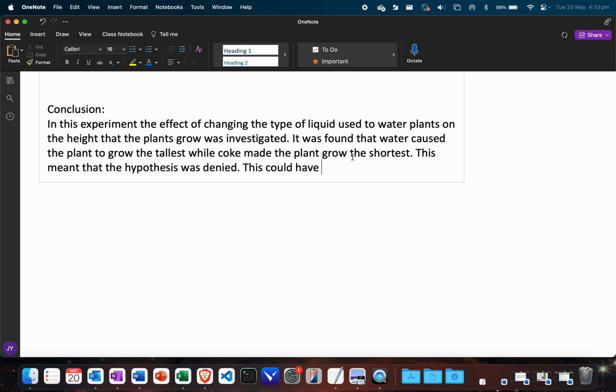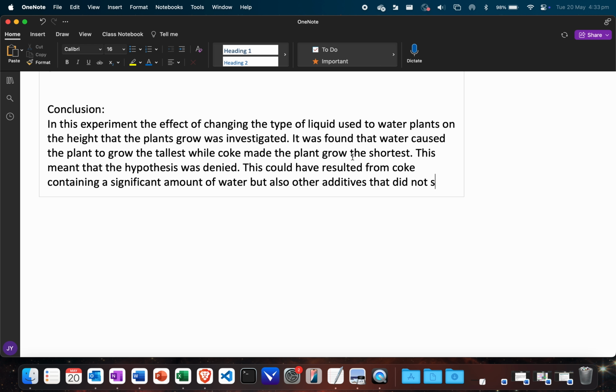But you could say, based on your research, that this could have resulted from Coke containing a significant amount of water, but also other additives that did not stimulate growth.